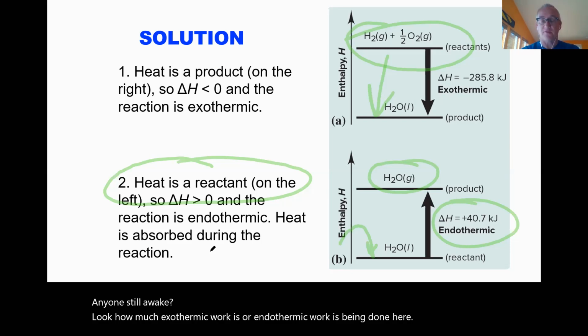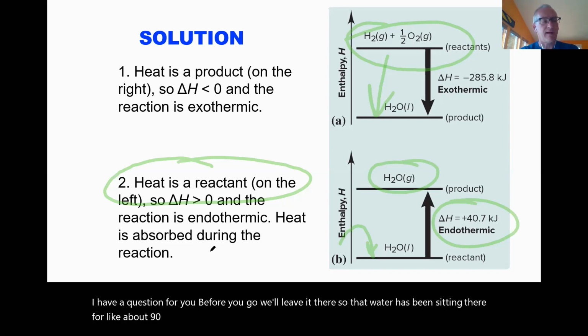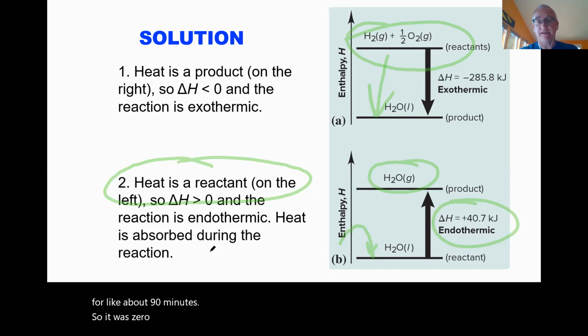Oh, I have a question for you before you go. So that water has been sitting there for about 90 minutes. The liquid water was 0 degrees when I started, and now about 90% of the ice is melted. What's the temperature of the water now?